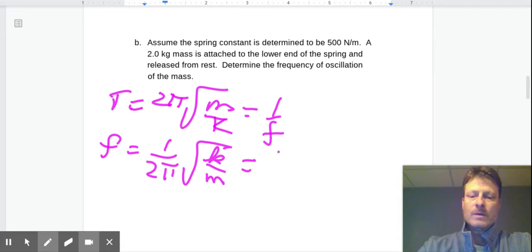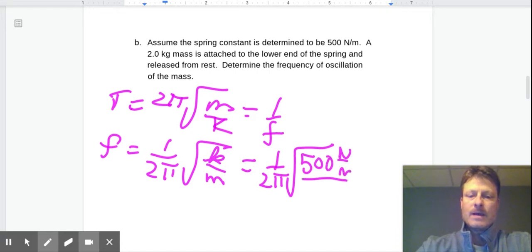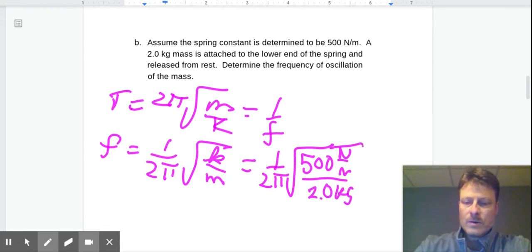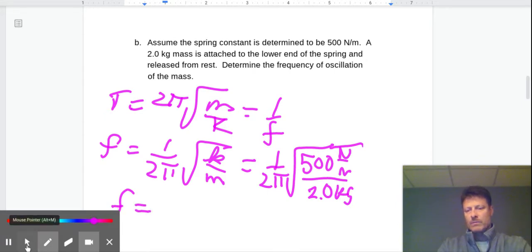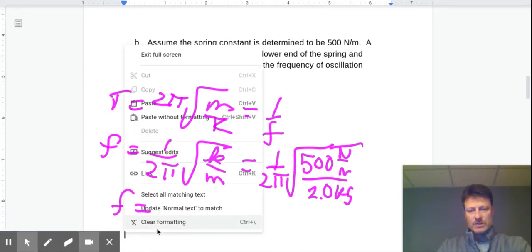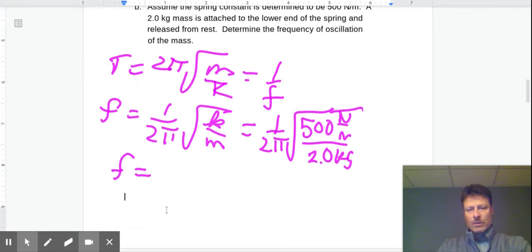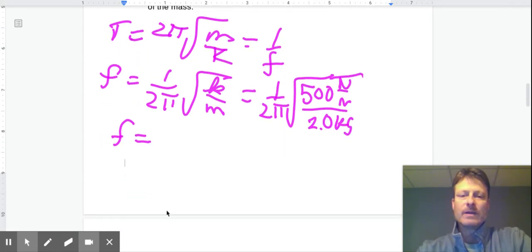Let's plug in some numbers. We've got 500 newtons per meter, divided by 2 kilograms. That particular year, they wanted to make sure that you showed that you understood units. So that was part of it.